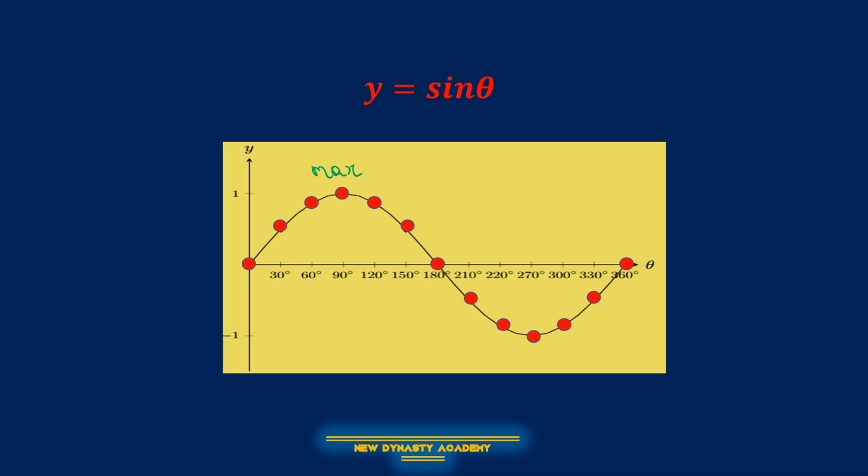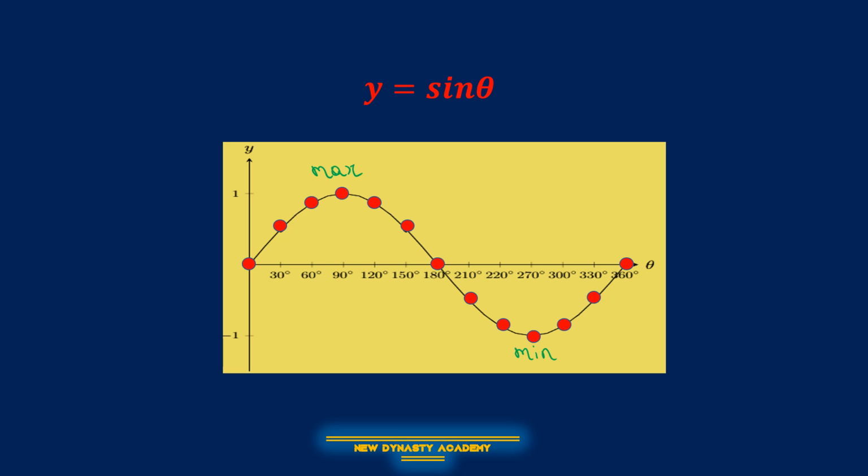And who can guess what is going to be the point down there at 270? If that one is the maximum, I think someone has got it correctly, that is going to be your minimum. And yeah, that's how you identify that.